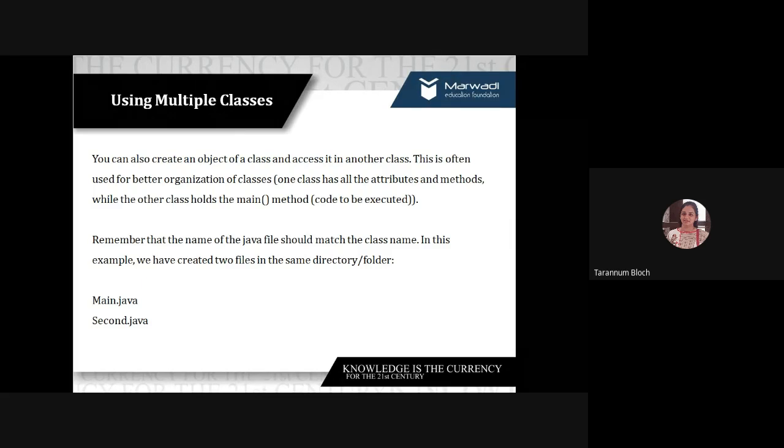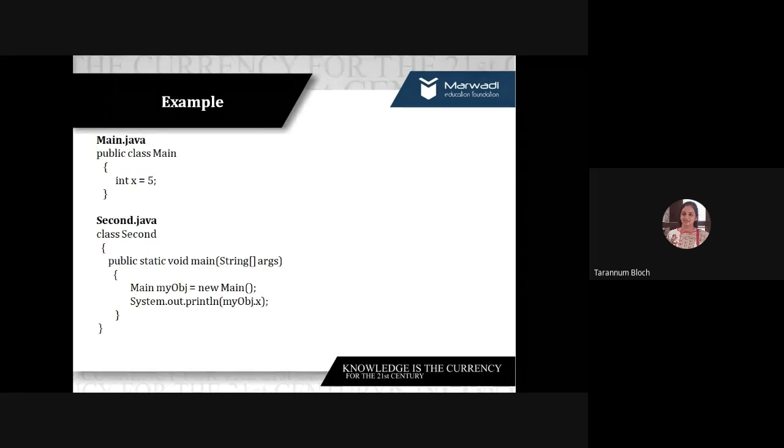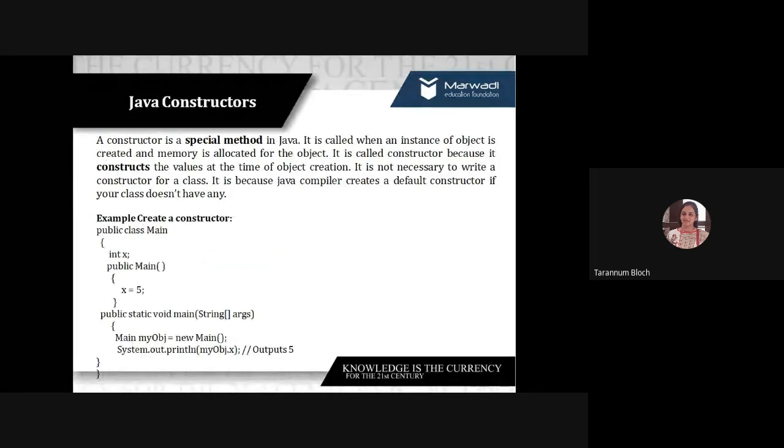That is called using multiple classes in a single program. We saw a program where we created Main.java and Second.java. As Second.java contained the main method, inside the main method we created an object of Main.java, where Main.java and Second.java are two different files stored in the same folder. So this was the discussion last time.